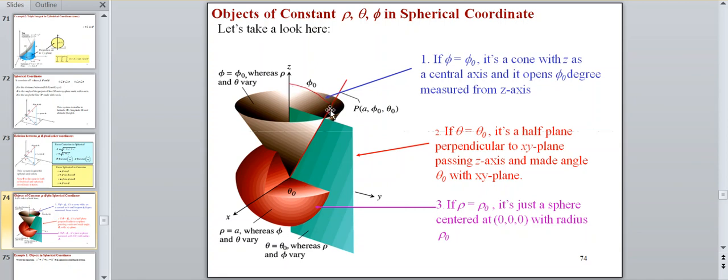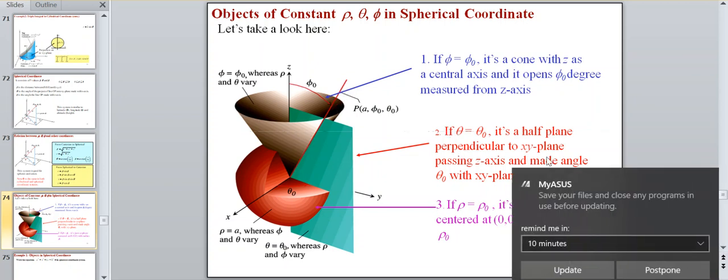But the equation is independent from rho and theta, so rho can take any value from 0 to infinity. Now the equation is independent from theta, right? So we can rotate. It means theta can take any value from 0 to 2 pi. What do you see? A cone. So remember, phi equals phi 0 is a cone. You can see here in brown color.